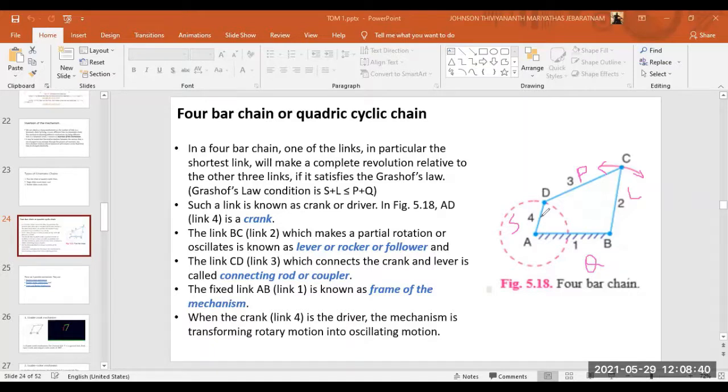In most mechanisms, the crank is the driver. So the crank is making a rotating motion, and the follower is making a kind of oscillatory motion. The rotating motion of the crank is transformed into the oscillatory motion of the follower.